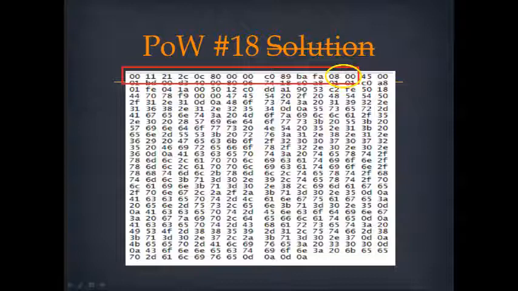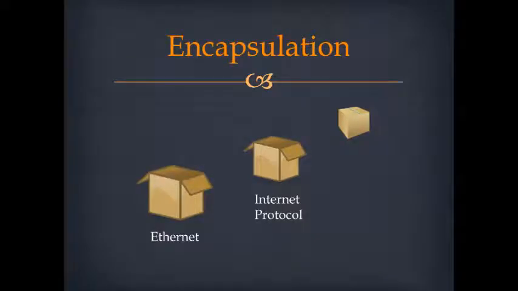It tells the computer how to decode this packet. 0800 means IP, or Internet Protocol. So guess what? We get to open our box now. Hey, how about that? Oh no, we've got another box inside this. What do we do? Because now I don't know what's inside that box.